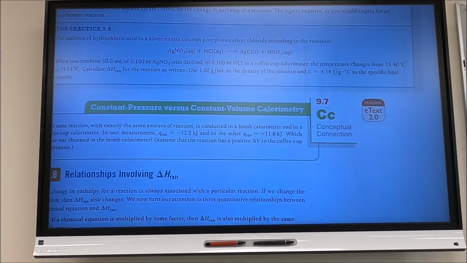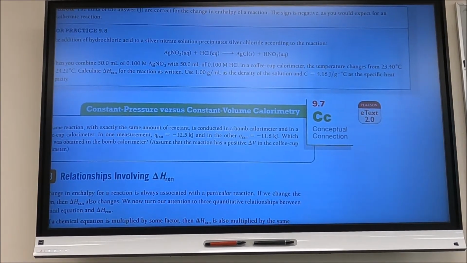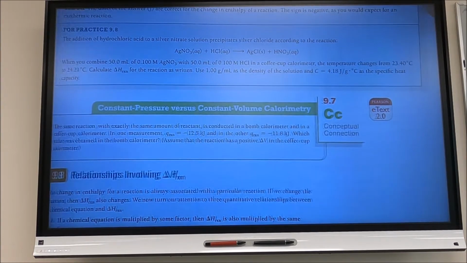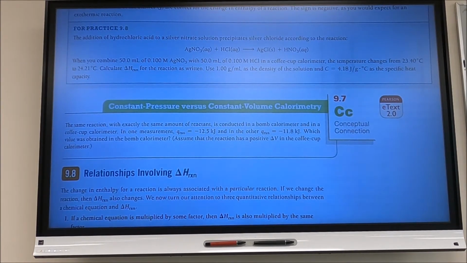All right. It says the addition of hydrochloric acid to a silver nitrate solution, according to the following reaction: silver nitrate plus HCl goes to silver chloride and nitric acid. You combine 50 milliliters of 0.1 molar silver nitrate with 50 milliliters of 0.1 molar HCl in a coffee cup calorimeter.